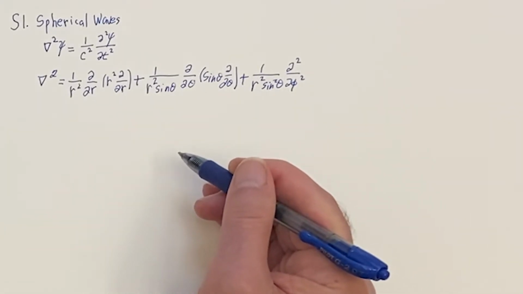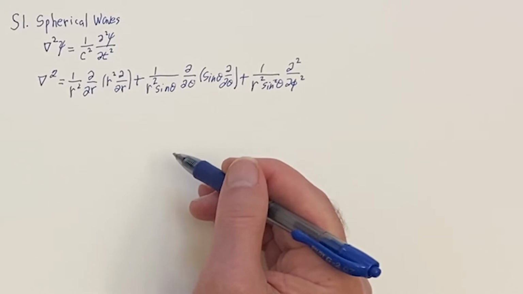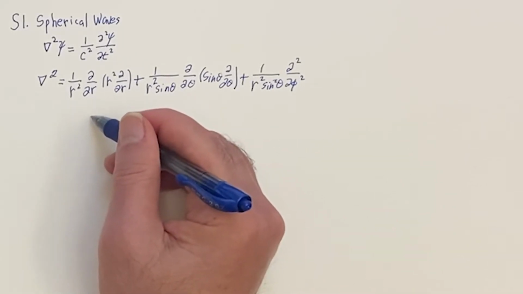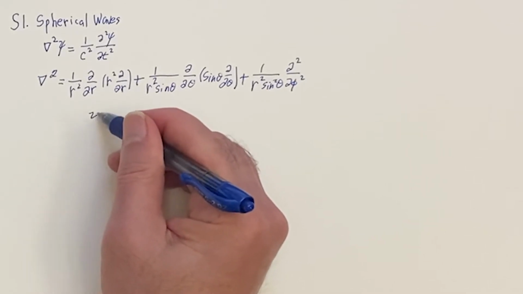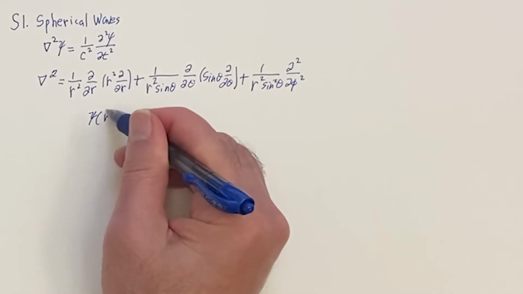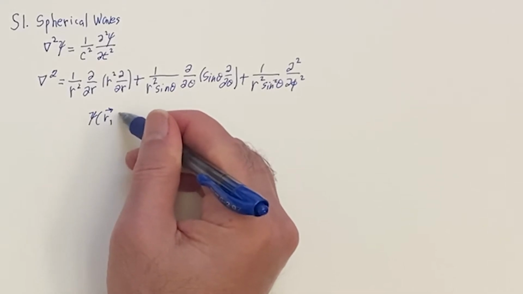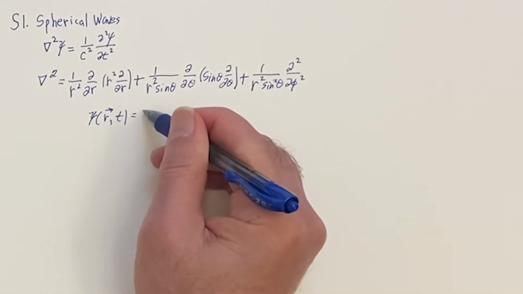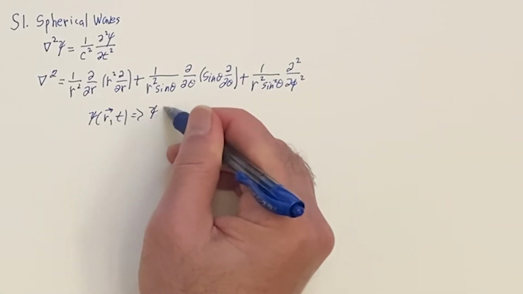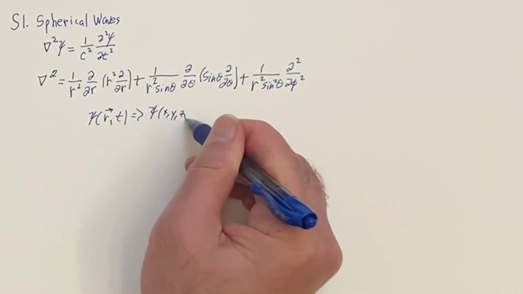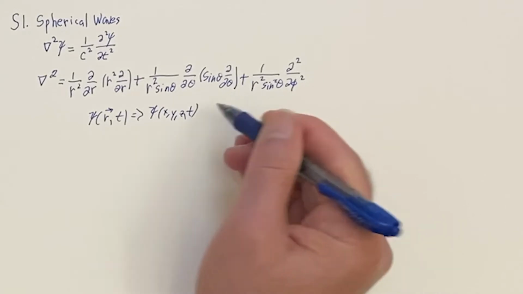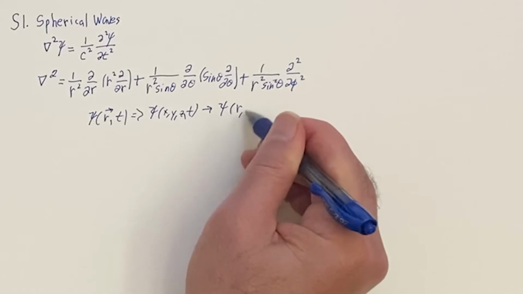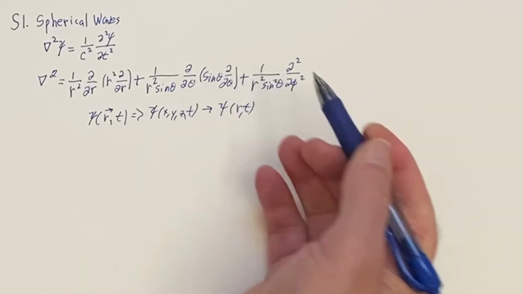Now we're going to look at a situation with spherical symmetry. So if you look at the wave, which in general can have x, y, z, and t, which you can write in vector form, sometimes you see that form, sometimes you see x, y, z, t, we're going to look at a case where we just have r and t.